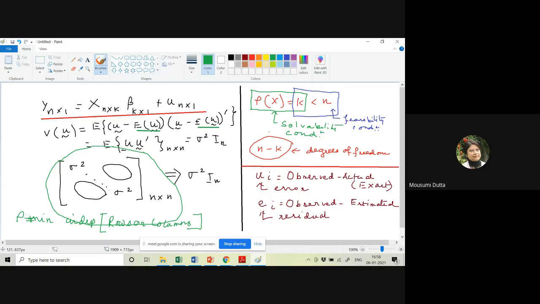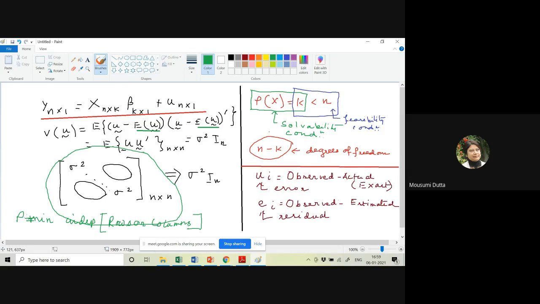So if we consider a square matrix of order 10 by 10, and if I have 5 independent rows and 7 independent columns, in that case rank will be given by 5. Minimum of independent rows or columns.